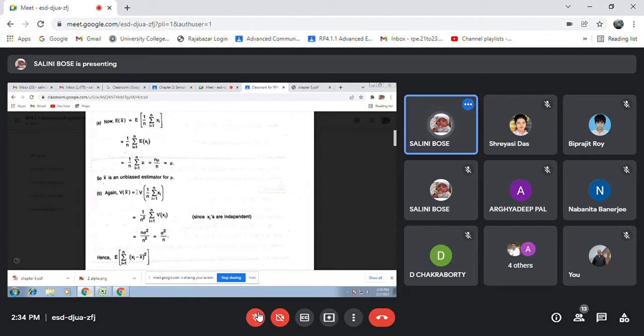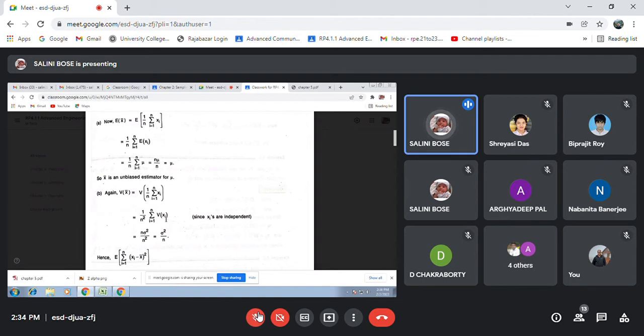With the rule of variance, when you take the constant out from the bracket it will become squared. So it will be 1 by n square, summation of i equal to 1 to n, variance of xi. What is the variance of xi?